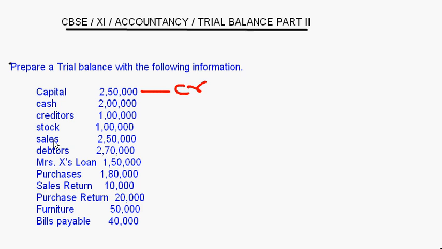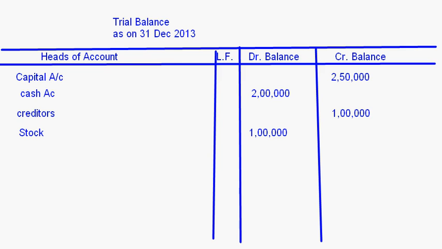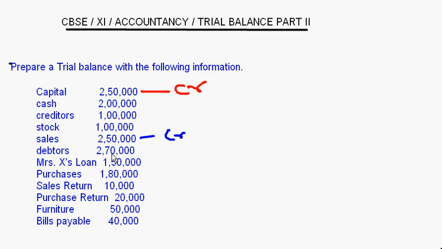After that, sales always has a credit balance, right? So sales has got a credit balance. This is 2,50,000 here. So here we'll write sales. This is 2,50,000, fine. Then comes debtors.